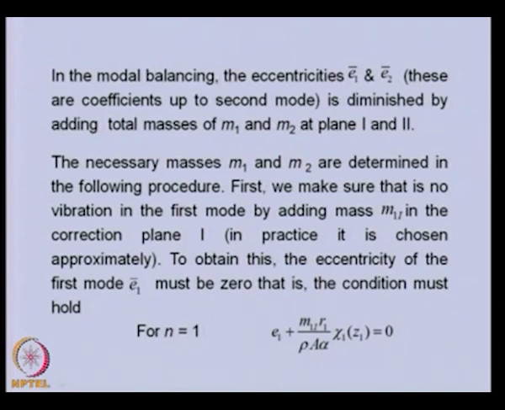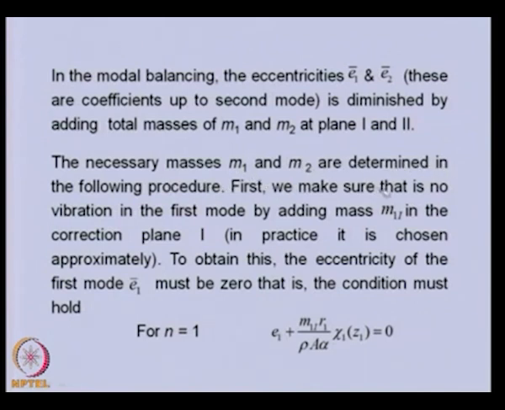So they are diminished by adding total masses m1 and m2 at planes 1 and 2. Basically we are removing these two eccentricities by the addition of the correction masses m1 and m2 in planes 1 and 2 respectively, and this total mass we will calculate first by balancing the first mode and then the second mode. So the necessary masses m1 and m2 are determined by the following procedure.